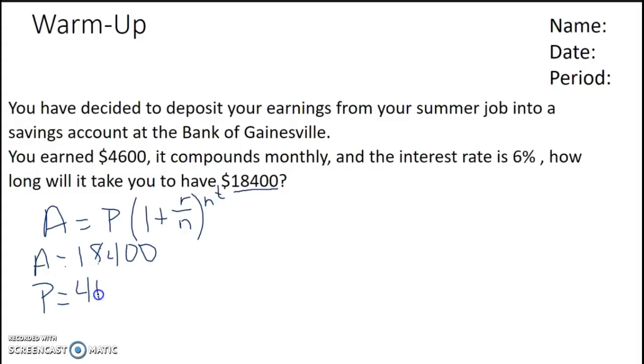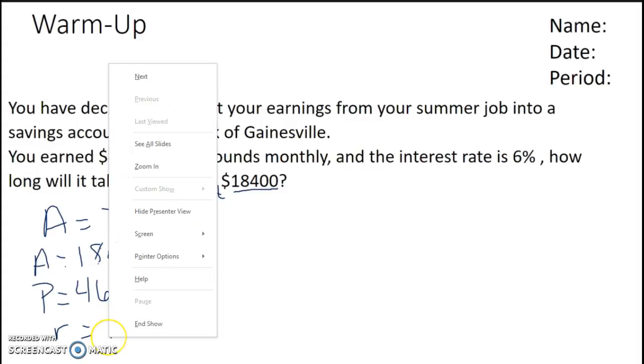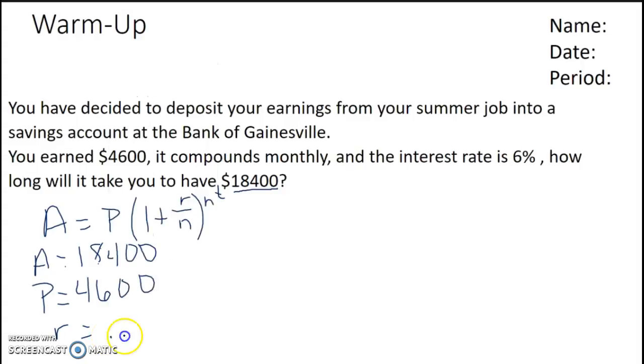So I'm at 4,600. My rate, 6%. So I'll write that as 0.06, yes, decimal 0.06. And then my N is how many times it compounds per year. There are how many months in a year? You know it, 12.